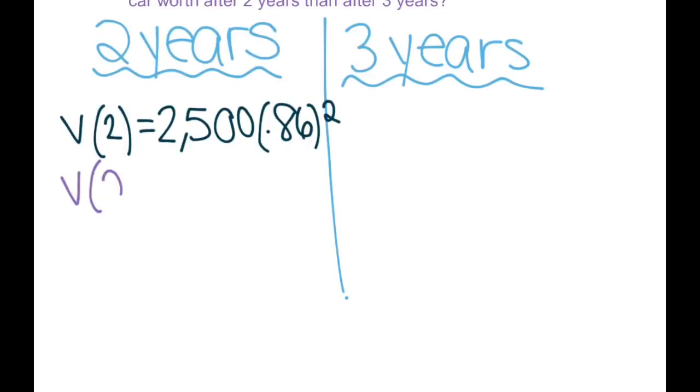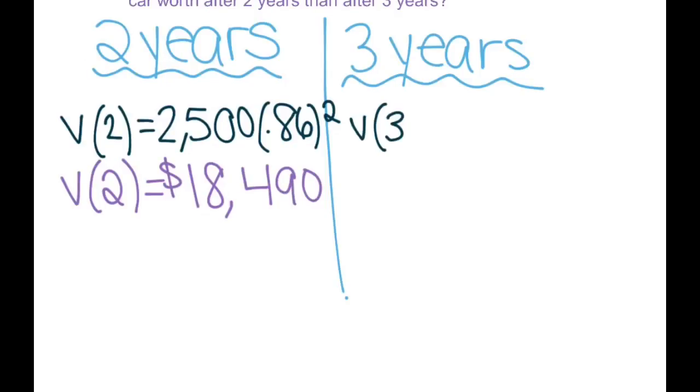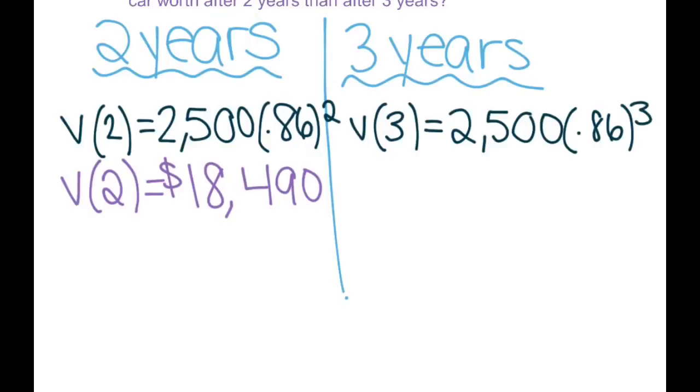And when you plug that into your calculator, you get $18,490. Then you find v of 3 for 3 years. And when you plug that into your calculator, you get $15,901.40.